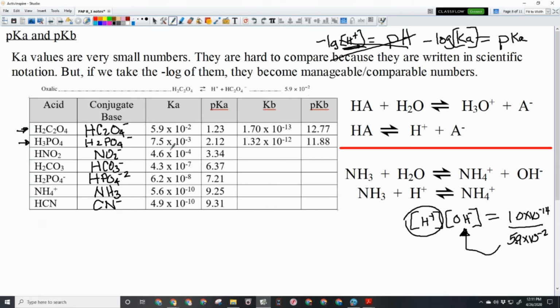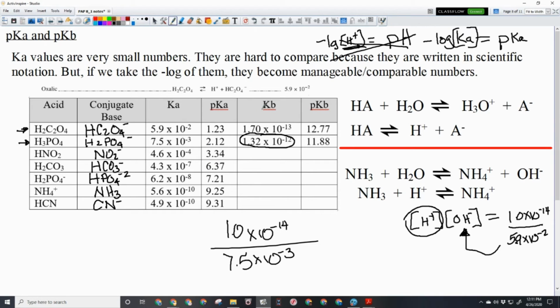Same thing here. 1.0 times 10 to the negative 14th divided by 7.5 times 10 to the negative 3 is going to give us 1.32 times 10 to the negative 12. All right. Now, pKb, there's two ways to get that.